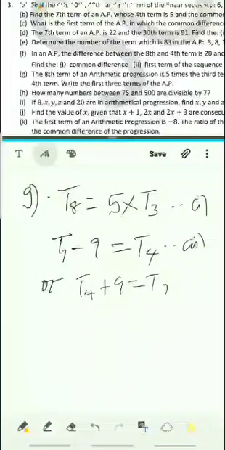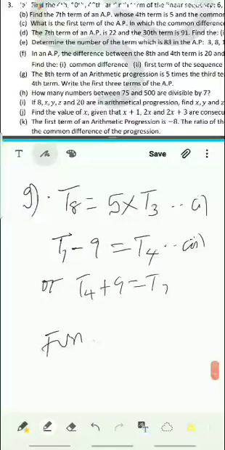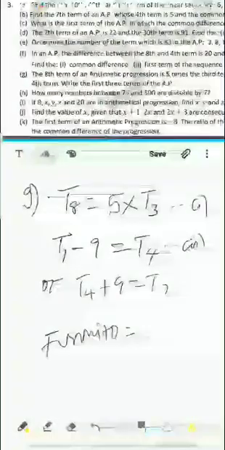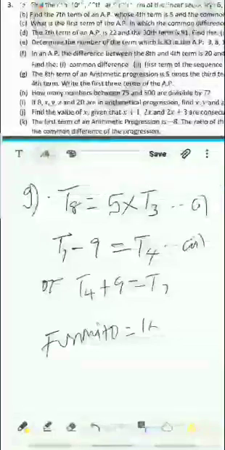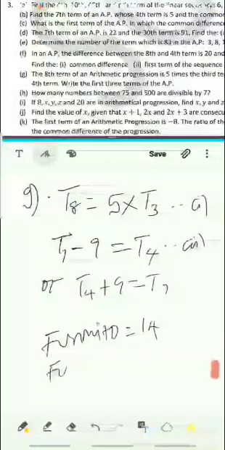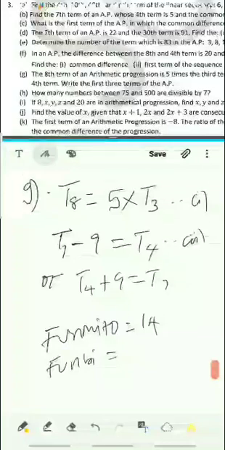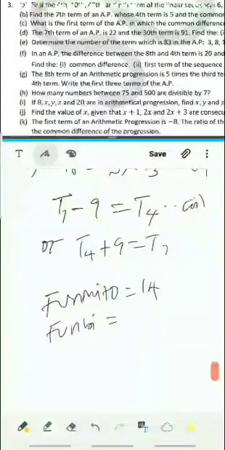Now let me explain the second statement in case you didn't understand what was going on here. Say for example, Fumito has a junior sister. Her name is Funbi. Fumito is 14 years old, and Funbi is, now look at the statement.